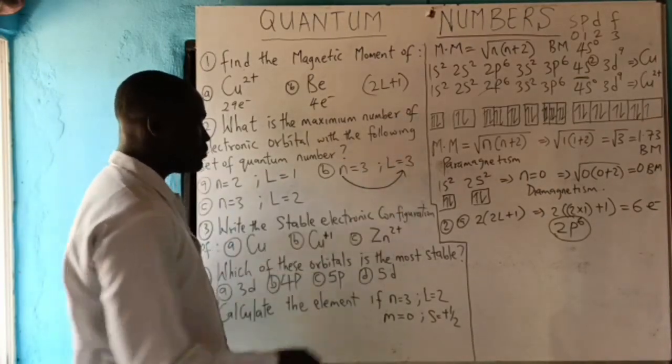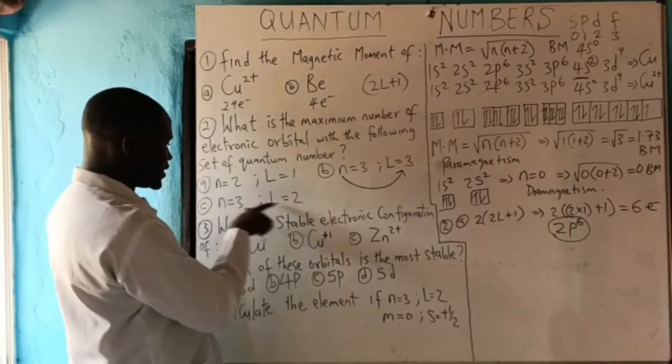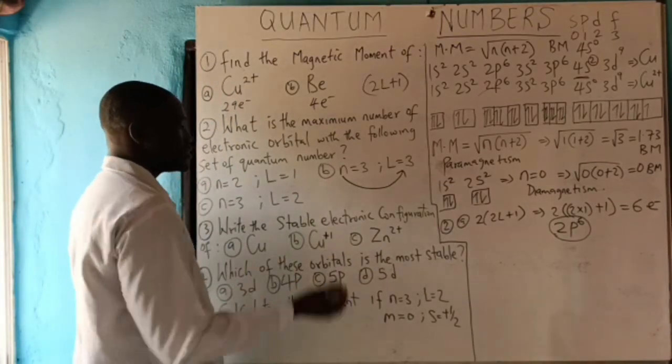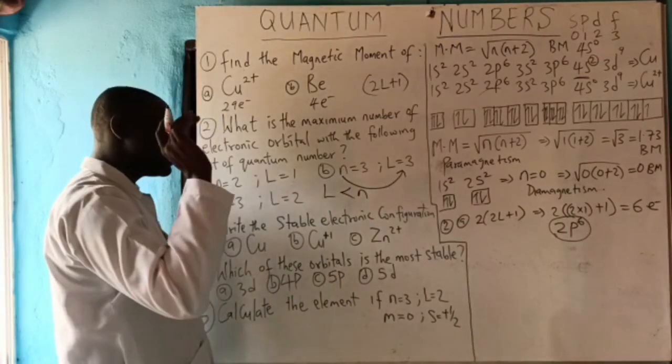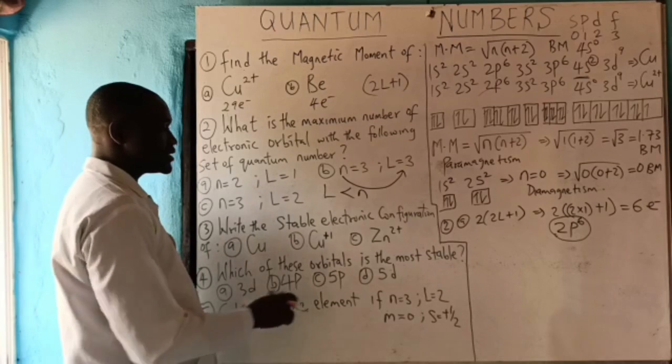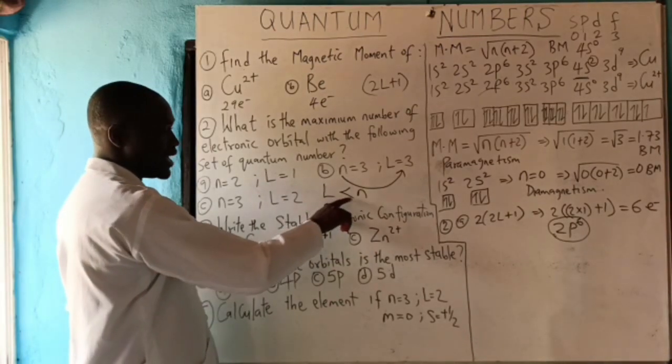We go to question C. L must be less than n for the orbital to exist there, so that it is not mechanically forbidden.